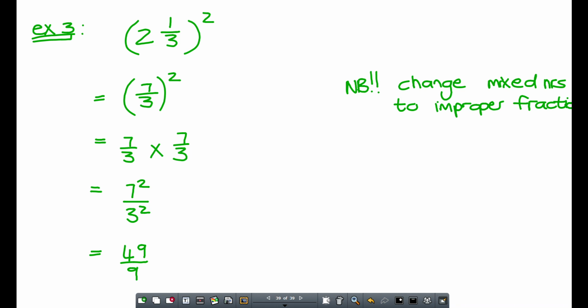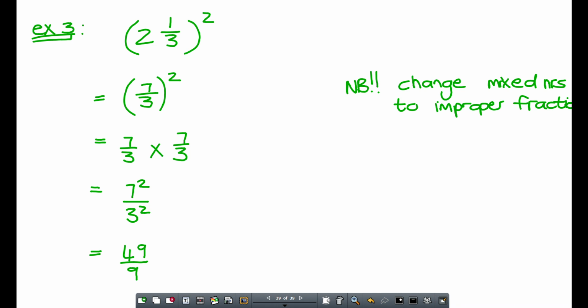So you want to write out 2 1/3 times 2 1/3? Do you want to write that out like that? No. I think what Iana means is 2 to the power of 2 and then 1/3 to the power of 2. Oh. No.